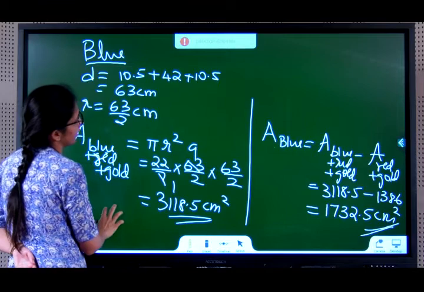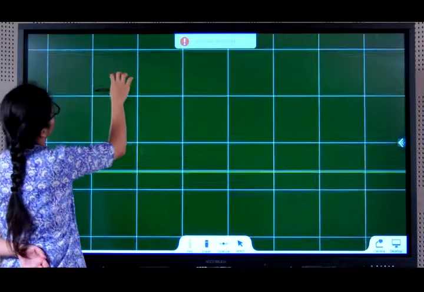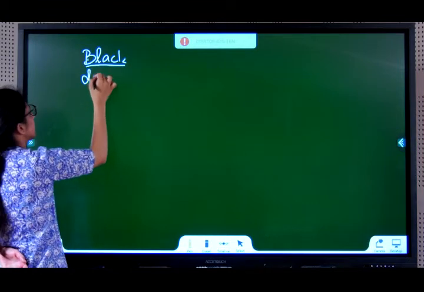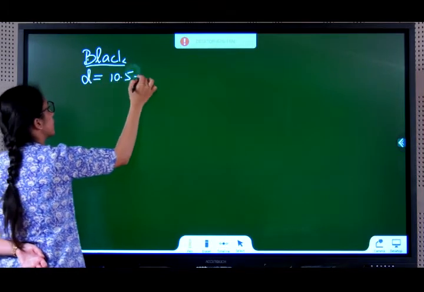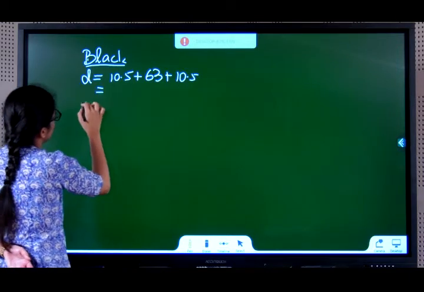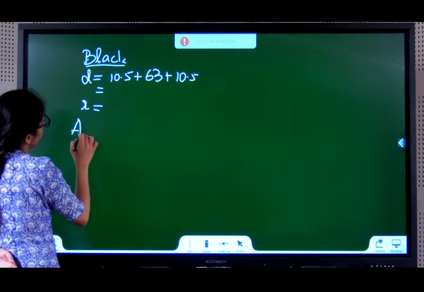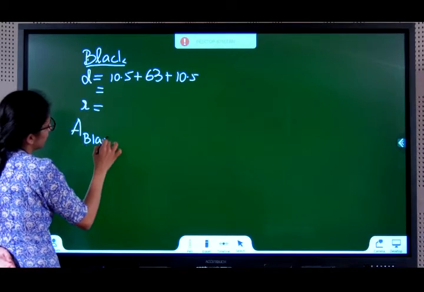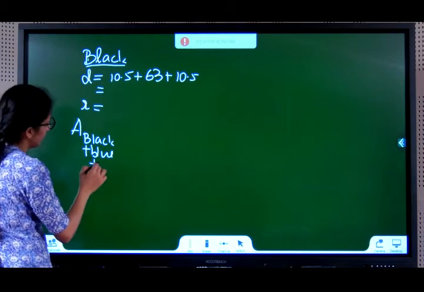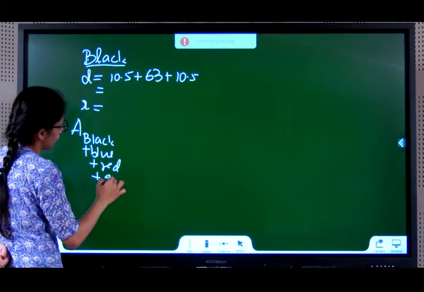Similarly, we next have black and blue. I will not do the whole thing, you all will do it. Find the new diameter. So this will become 10.5 plus 63 plus 10.5. Then find the radius. Then find area of black plus blue plus red plus gold.